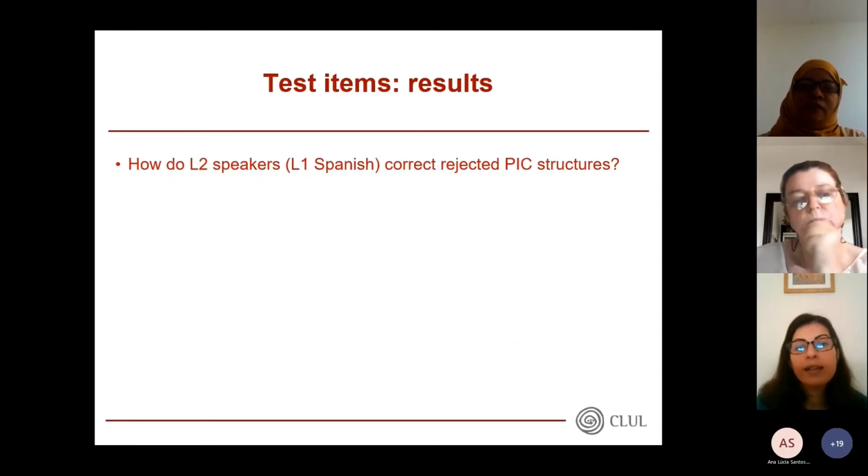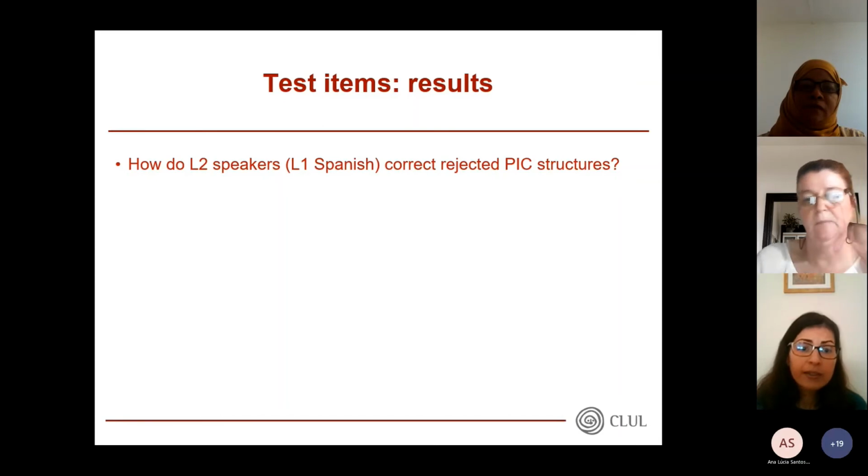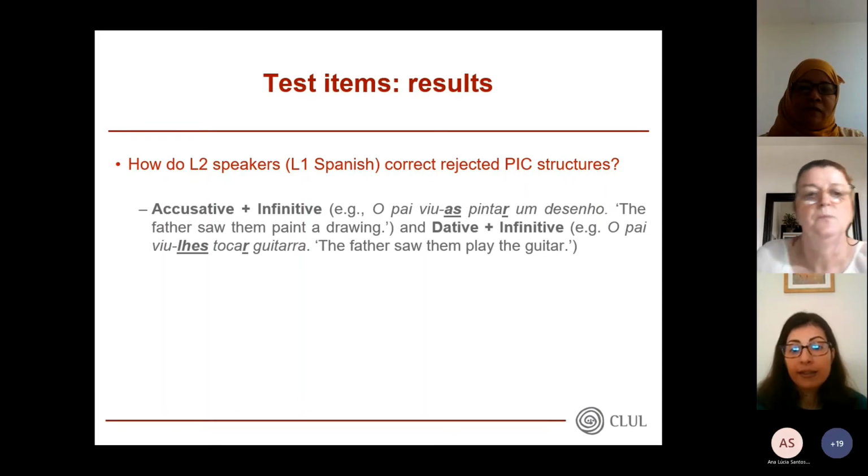Since we asked the participants to correct the sentences that they rejected, how did the L2 speakers correct the PIC structures? The most common corrections corresponded to structures with an accusative subject plus infinitive, that is a configuration of ECM, as in the example, or even dative plus infinitive.